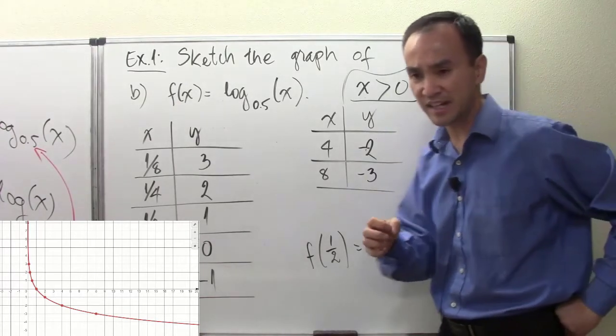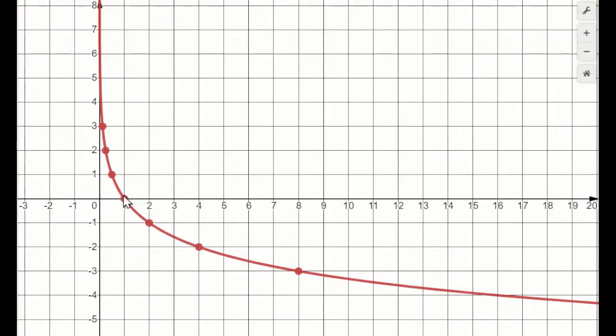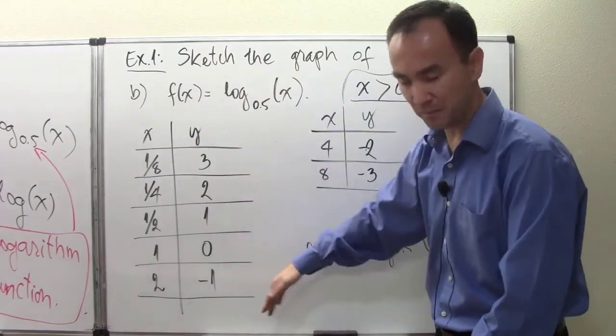And it still has that x-intercept right at 1, 0. So all of these properties we've seen, but the shape here is now different from the earlier graphs. We will get into that even more formally. Now in this example, we're done with part B.